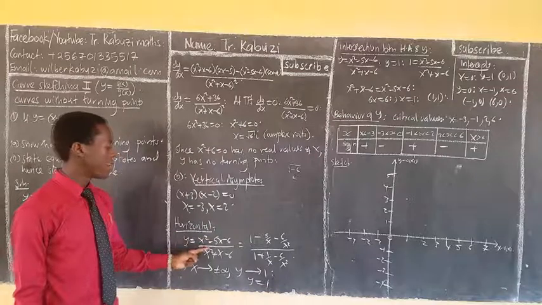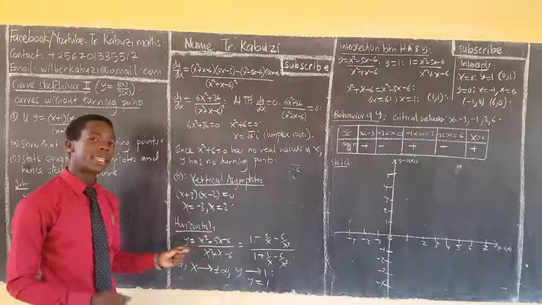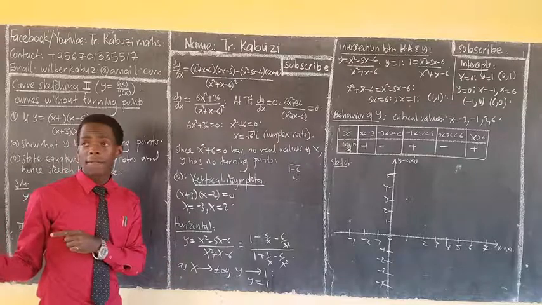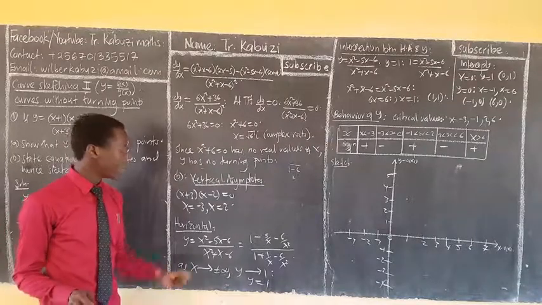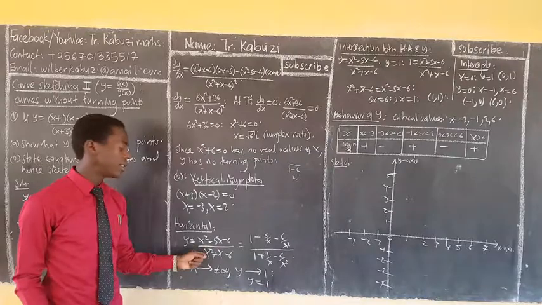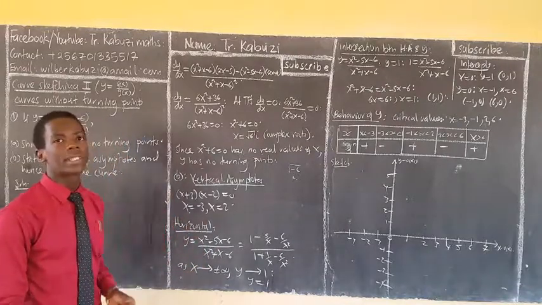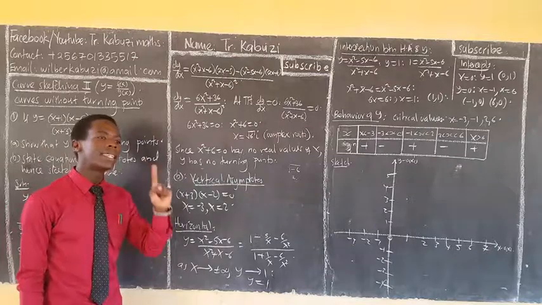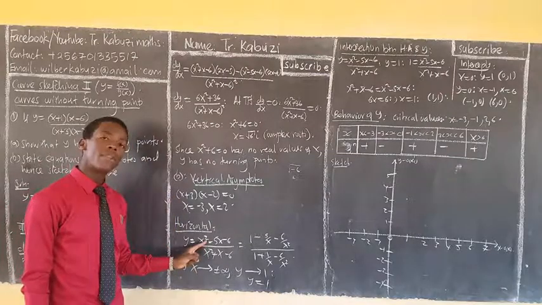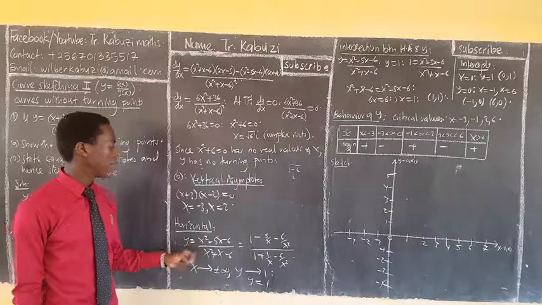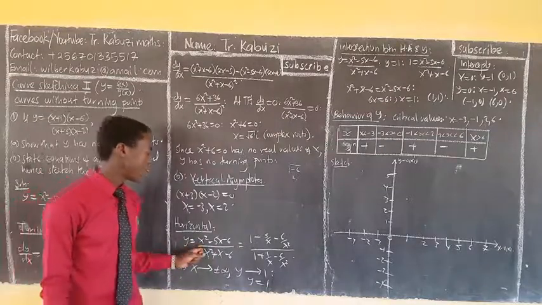Now, because this power and this power are the same, don't confuse it with partial fractions. For this one, we don't do long division. We only have slanting asymptotes if the power of the numerator is strictly greater than the power of the denominator. If they are equal, we still divide through by x to the highest power.